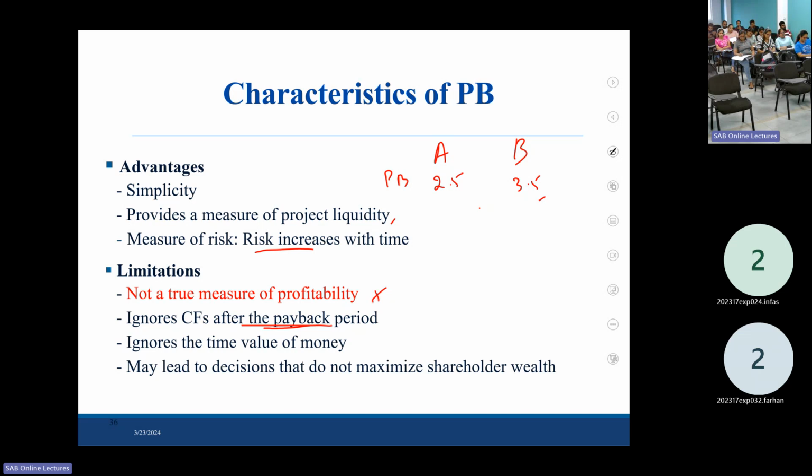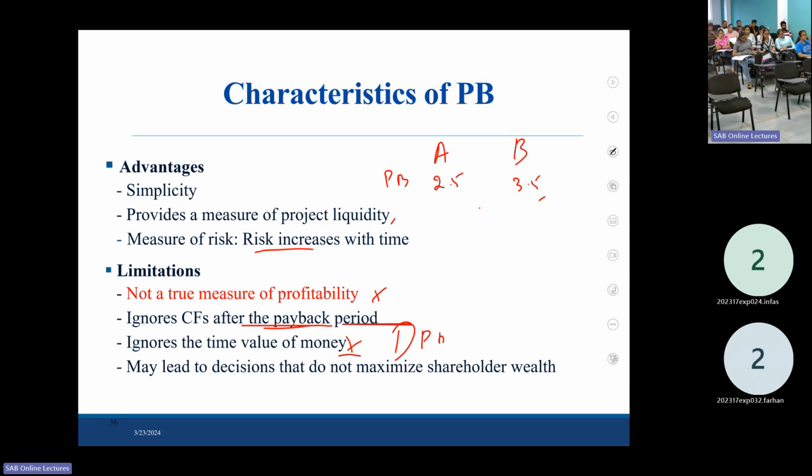It also ignores the time value of money, but this is not a problem, because you can calculate the discounted payback period by discounting the cash flows based on the cost of capital, the discount factor, and recalculating the payback period on the discounted cash flow.